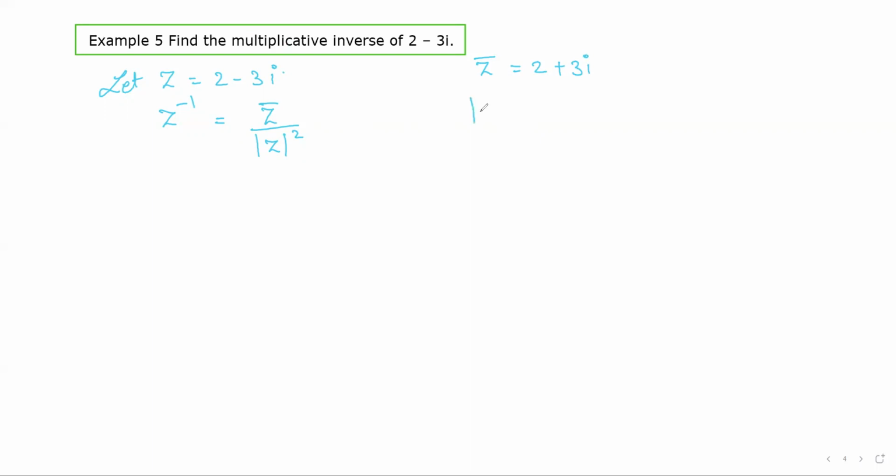Next you need mod of z whole square. So mod of z is equal to mod of 2 minus 3i, which is equal to root of a square plus b square, where a is equal to 2, so 2 square, plus b square, where b is minus 3, so minus 3 whole square is 9.